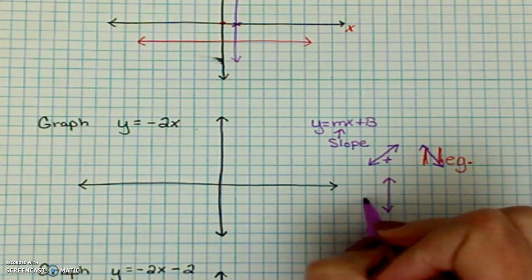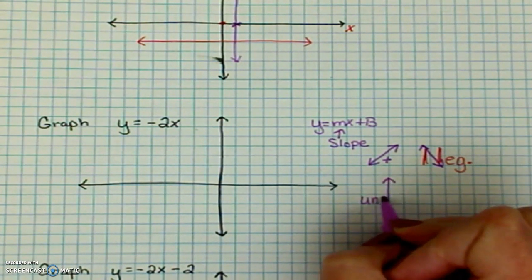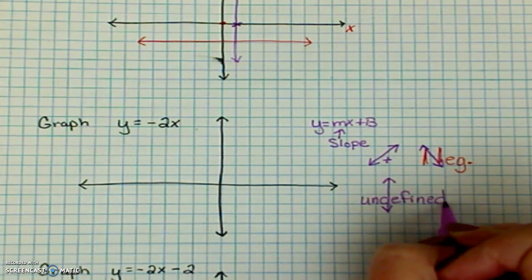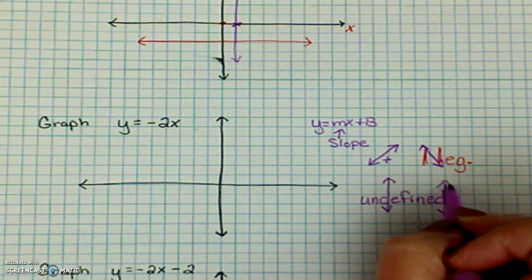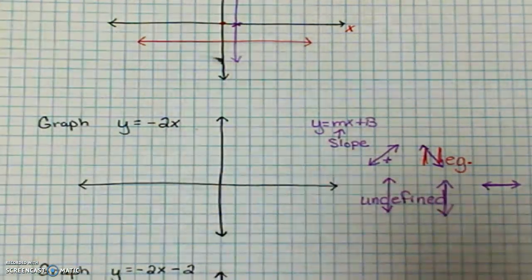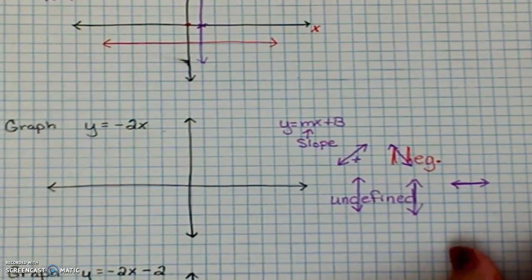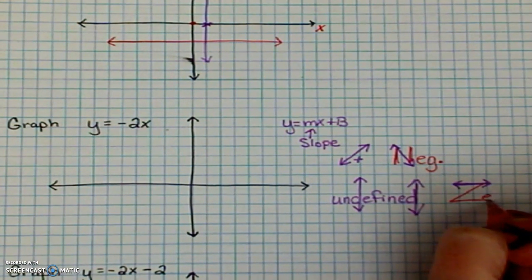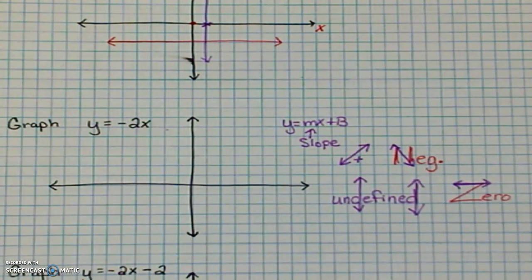And the slope of a horizontal line, we said that creates the z, so the slope of a horizontal line is 0.